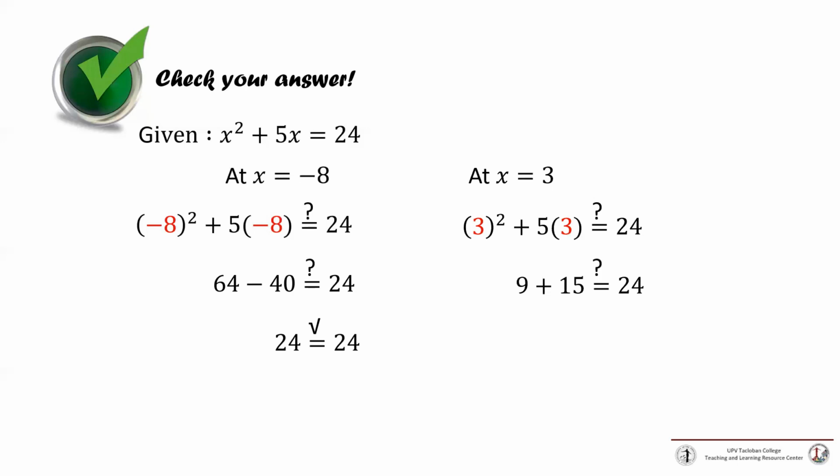Are the left and the right equal? Since 9 plus 15 is 24, which is equal to the right-hand side, we can say that x is equal to 3 is a solution of the given equation. So we have the solution set, negative 8 and 3.